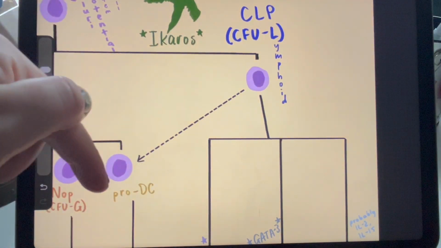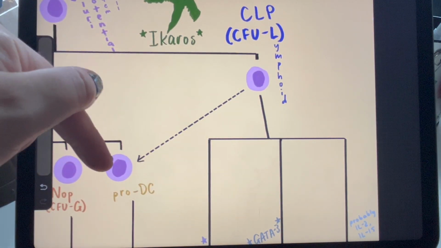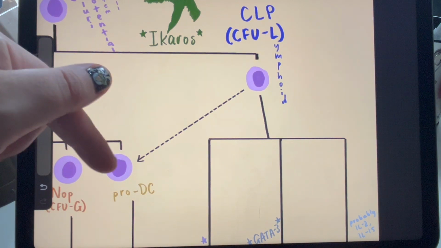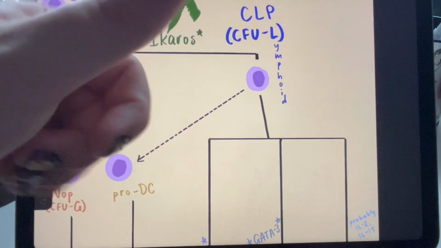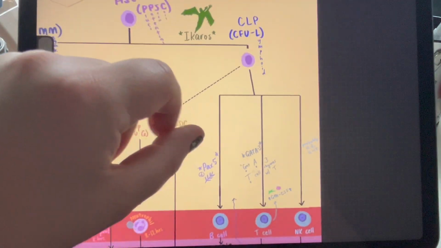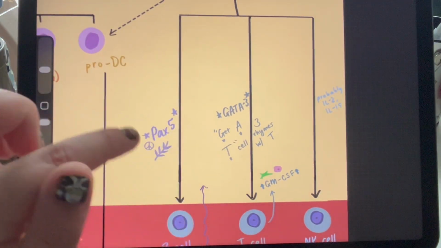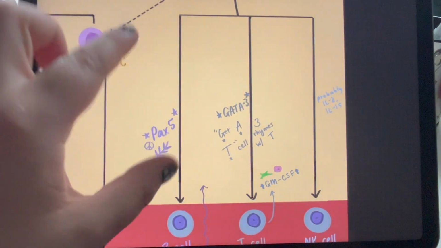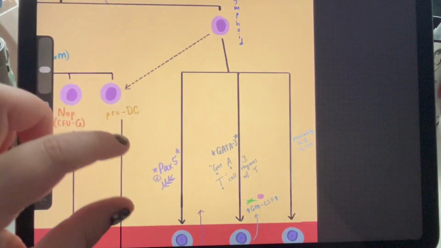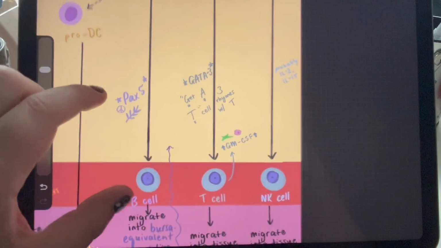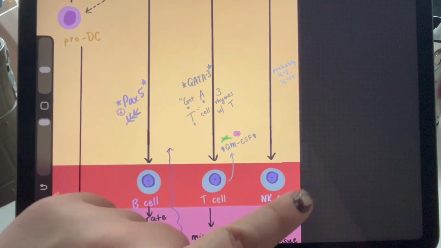Coming down here, we'll do this side first because it's a lot smaller. The lymphoid progenitors, there was a dashed line in our textbook, so I guess some of it goes to the dendritic cells, but we'll talk about that more with the myeloid progenitor cells. We've got a couple more transcription factors here that stimulate this common lymphoid progenitor to differentiate into a B cell, a T cell, and a natural killer cell.